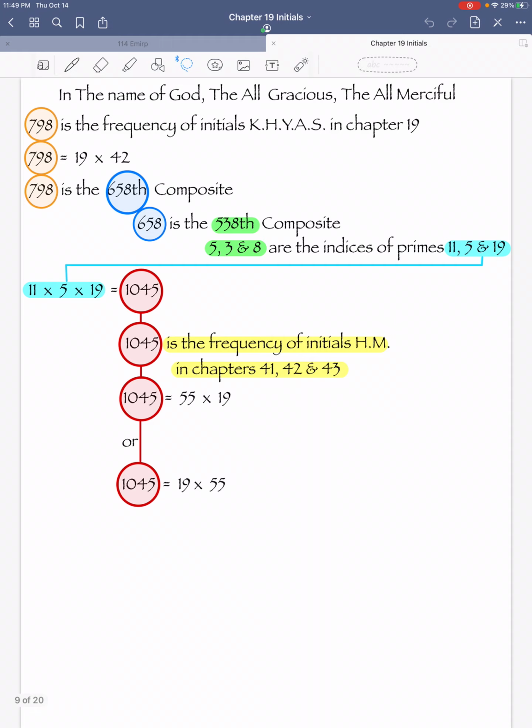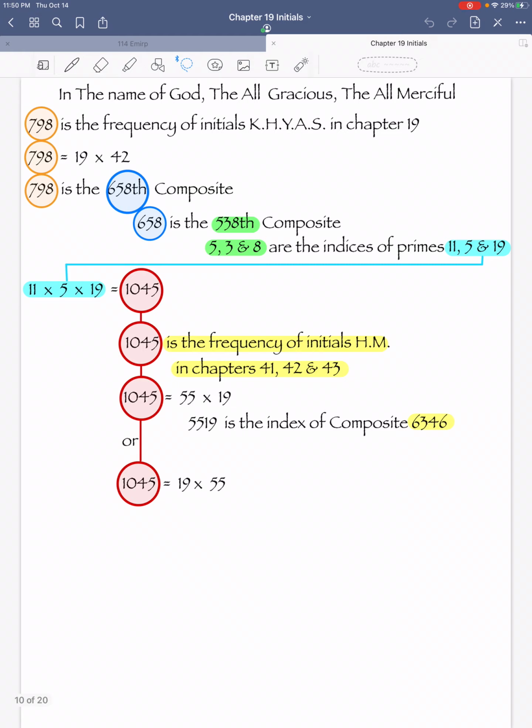1045 can be written as 55 times 19 or 19 times 55. Both ways can give us more information. Let's see what the first set of numbers gives us, 55 times 19. As you can see, we have 2 sets of numbers, 55 and 19. We're going to concatenate those 2 numbers.